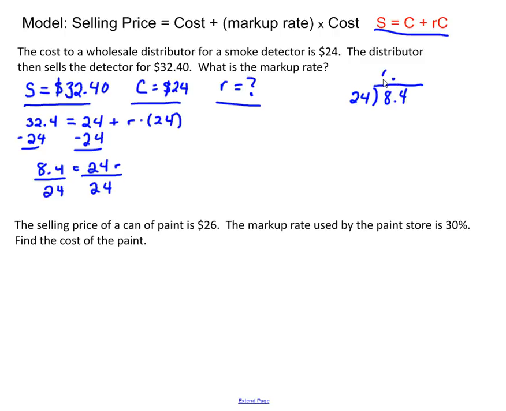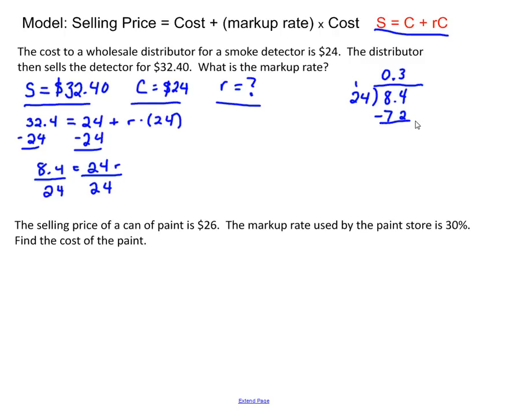Well, the answer is no. But we know that 24 will go into 84. If you take 24 twice, you're going to get 48. If you take 24 three times, that seems like it might be close enough. Let's see. 3 times 4 is 12. Bring up the 1. 3 times 2 is 6 plus 1 more gives us 72. Yeah, this is going to be about as far as we're going to get.